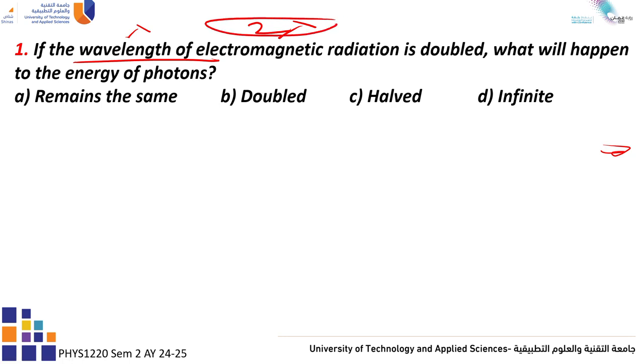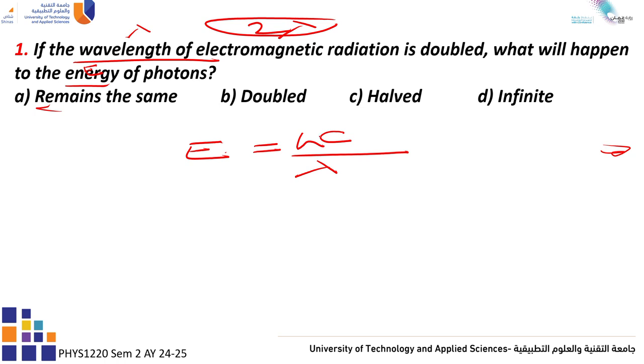will happen to the energy of the photon? So the energy of the photon is denoted by E, like this. First we have to write the formula for the energy and the wavelength. So the formula for the energy of the photon and the wavelength is h and c, divided by the wavelength.